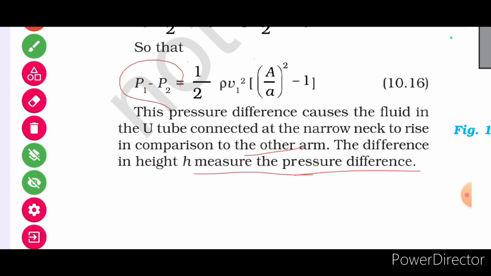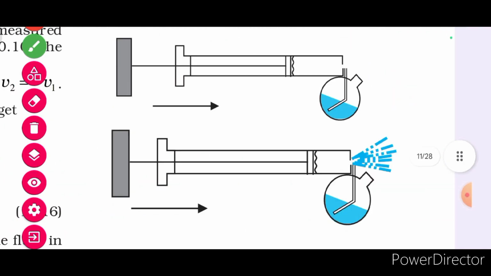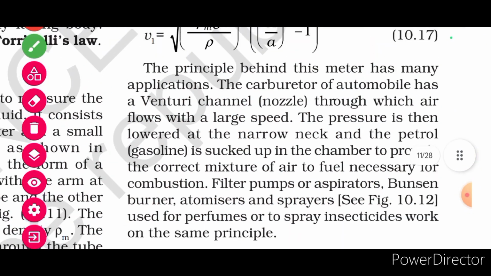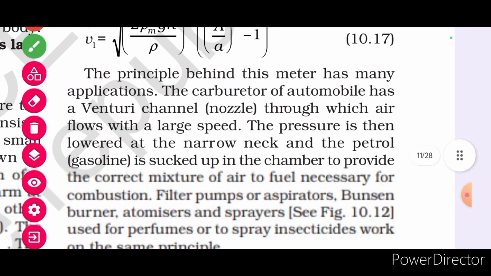So this we know. The areas are known, the manometer reading can be measured, and rho of the fluid we already know, so v1 can be calculated from this. This is how we calculate the velocity through a Venturimeter.